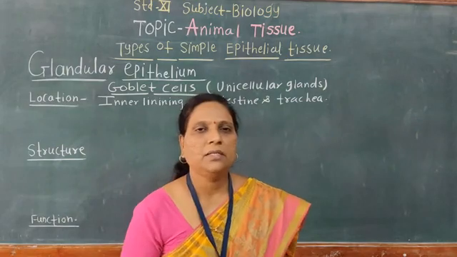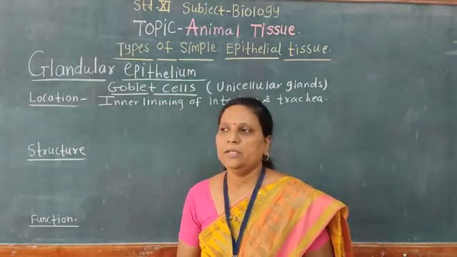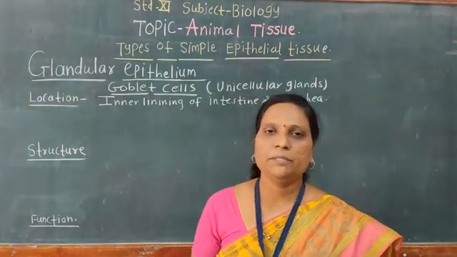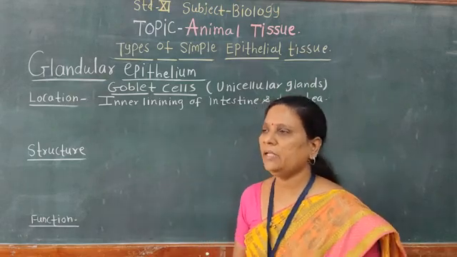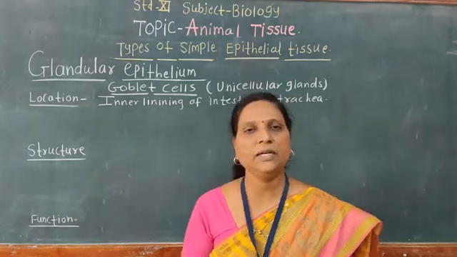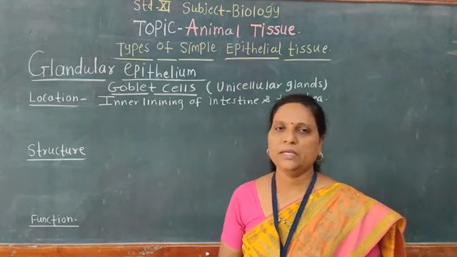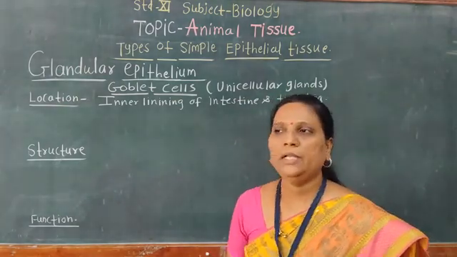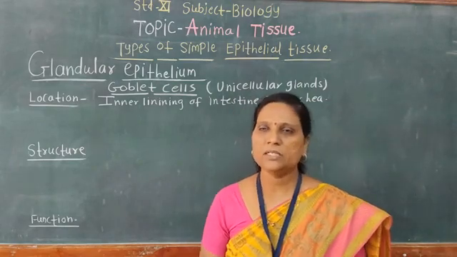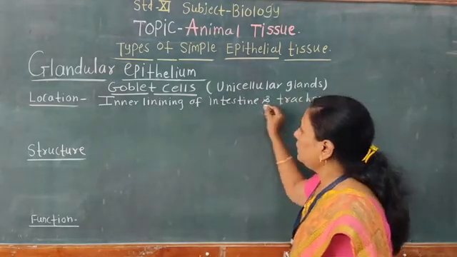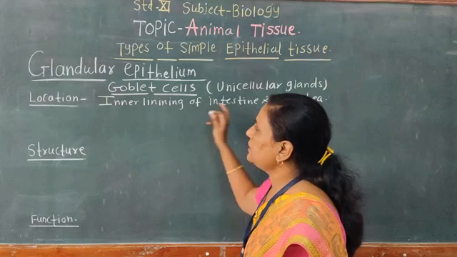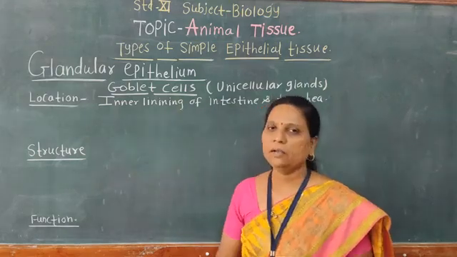What is trachea? It is the windpipe, the part of the respiratory system. The inner lining of trachea also shows the ciliated epithelium. In the last lecture we completed the ciliated epithelium, which mainly prevents the entry of dust particles. So both trachea and intestine show the unicellular glands.